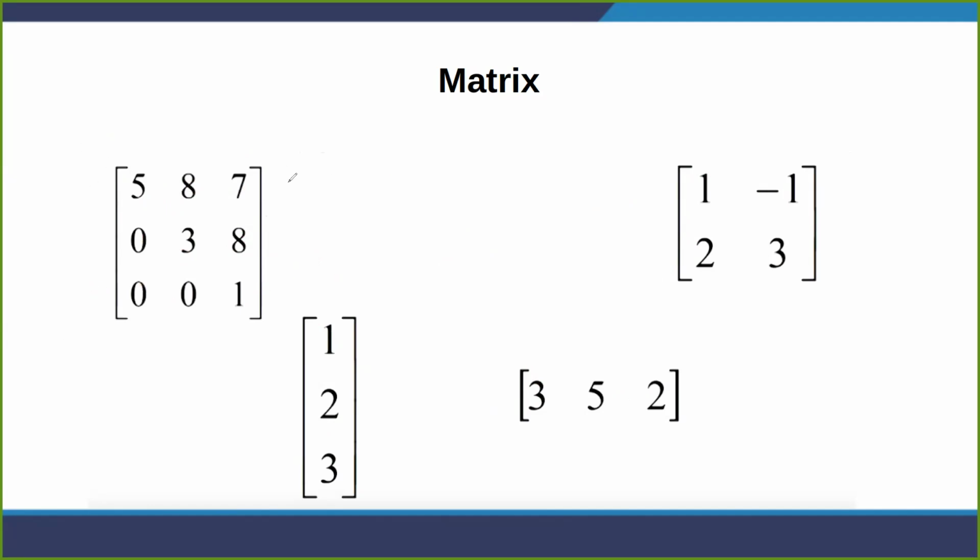How do you show this? If I say this is matrix A, then A has some element a on the ith row and jth column.